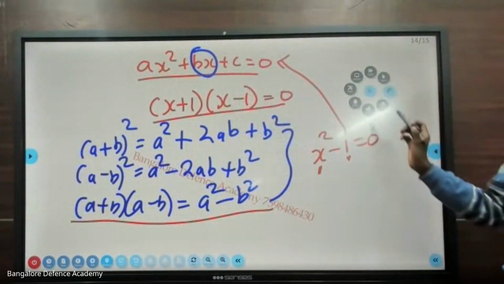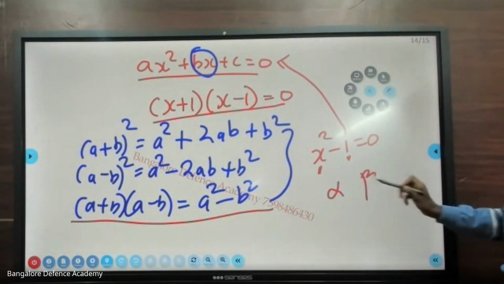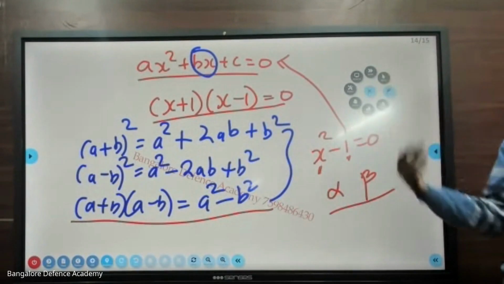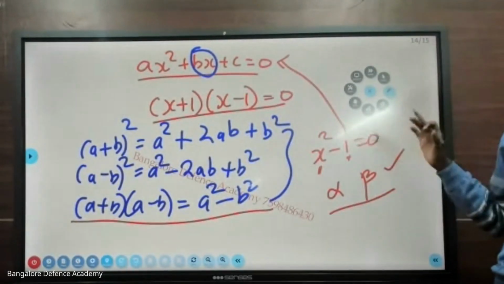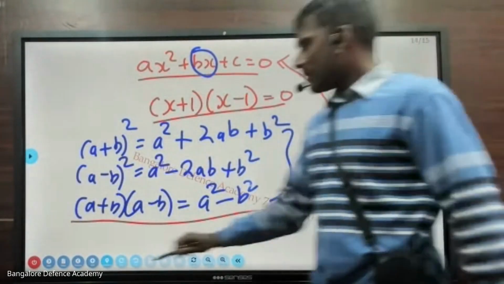If you understood this, then I can help you with what the alpha and beta roots are, what b by a and c by a are, all these things, and then things will move on easily. Got the point, everyone? If you know this quadratic equation, in the future you will get a formula.